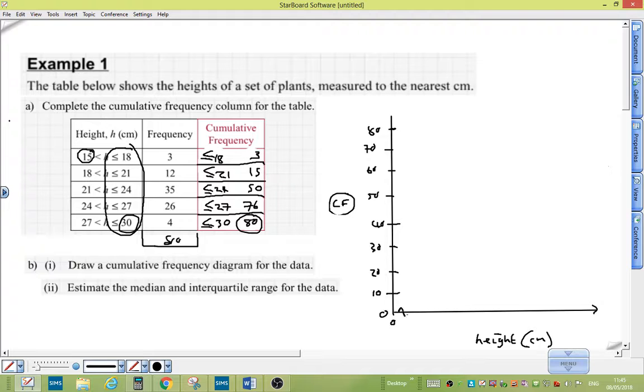I'm going to put a heartbeat in, a skip, and put in 15, and I suggest every 5 squares is 5, so that's going to be 20, 25, 30, and that will do us.